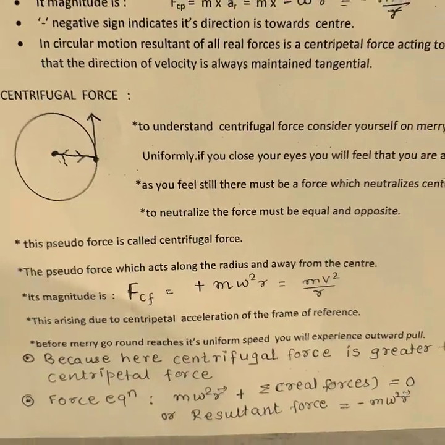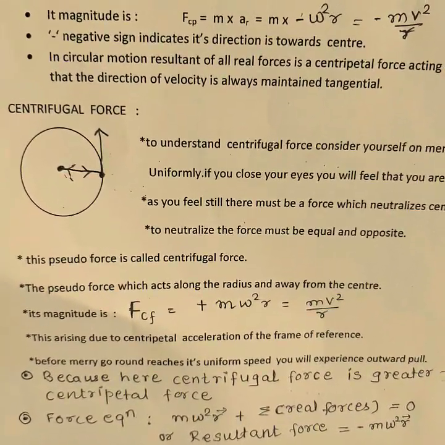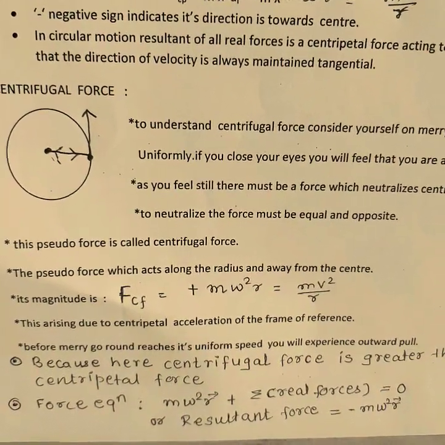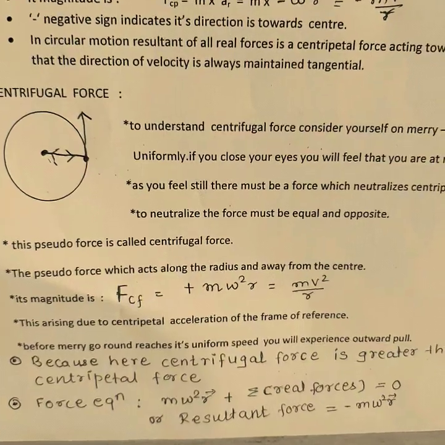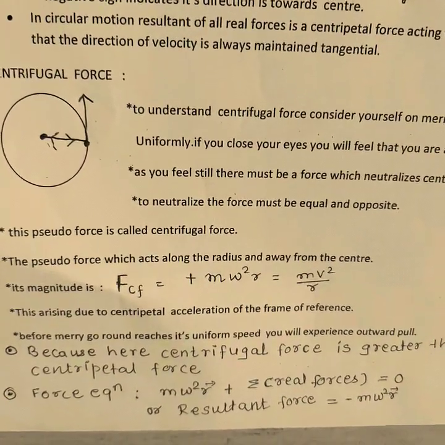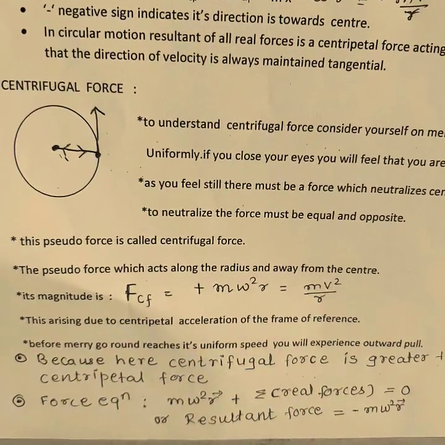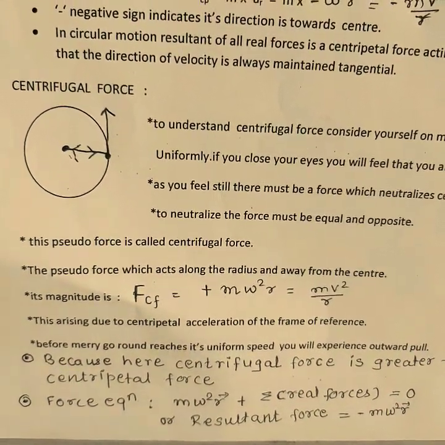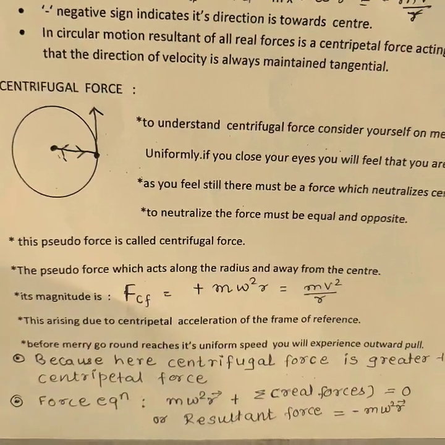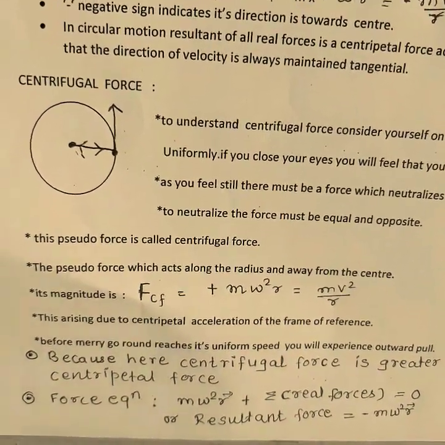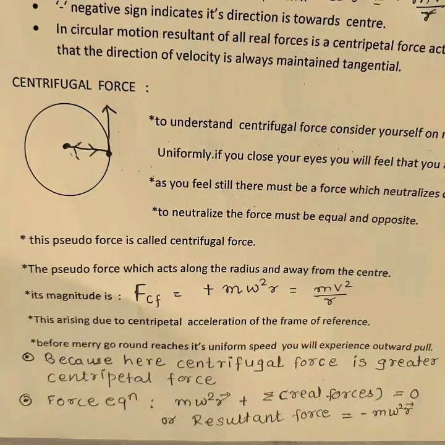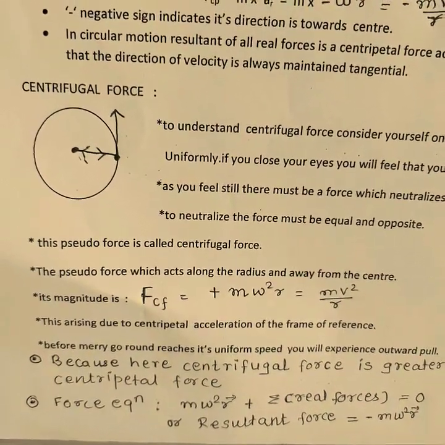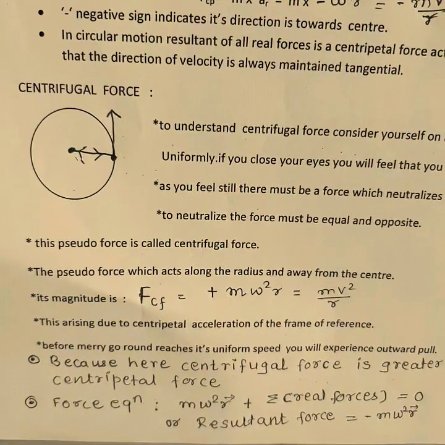After knowing these centripetal and centrifugal forces, we can write the force equation in the case of circular motion. The first term is m omega square r, which is positive, that is the centrifugal force, plus the sum of all real forces, that is the centripetal force. The vector sum of these is equal to 0.